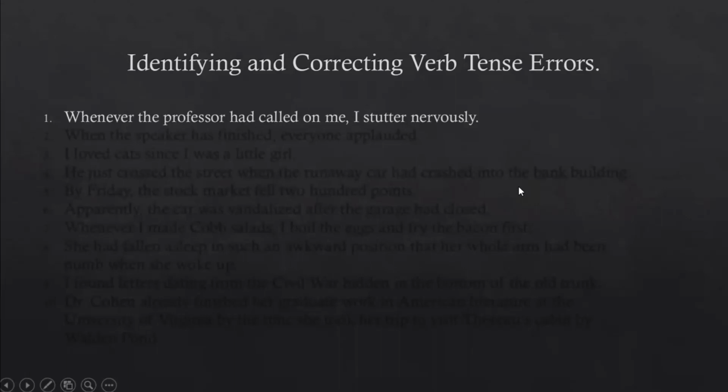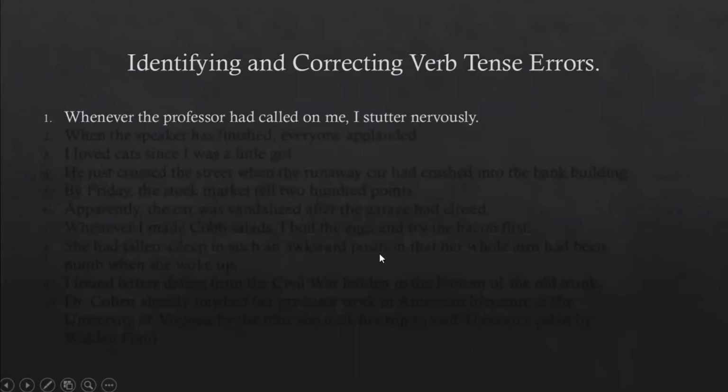If you're speaking in the past tense, if you're talking about something that used to happen, right? "When I was a student, whenever the professor called on me, I stuttered nervously." Again, same thing, both simple past tense. So either simple present or simple past tense. You don't want this perfect tense combined with a present tense. And that's just confusing.